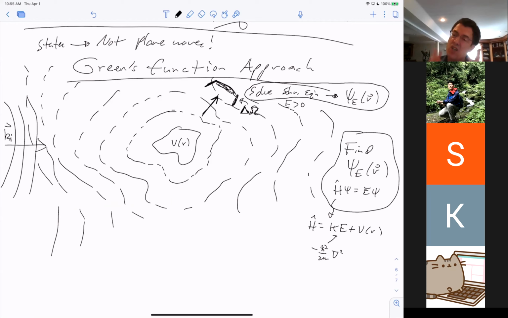I have the wave function, and I want to know how many go into the detector. How do I figure it out? Does anyone have any clue? Tell me.